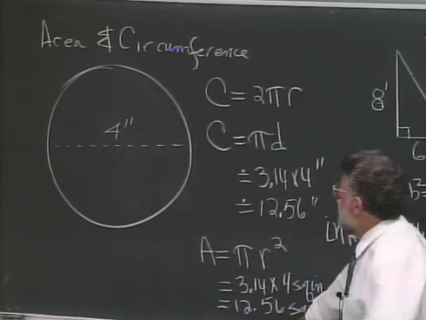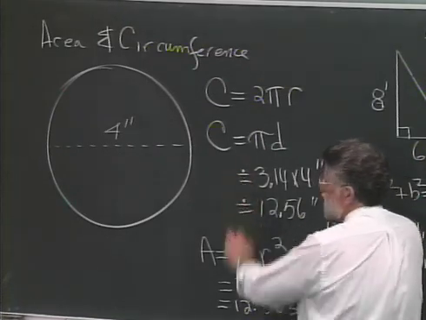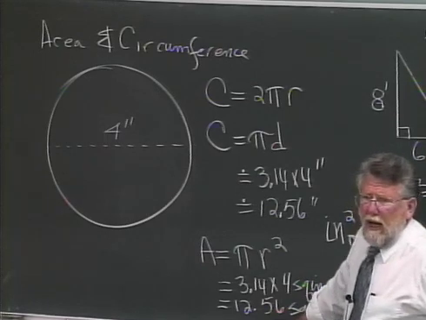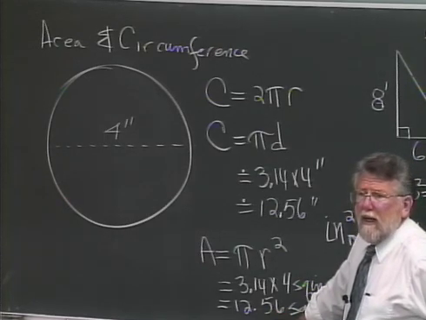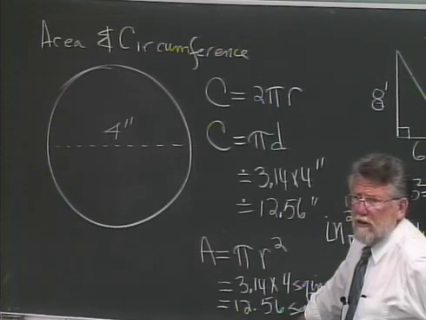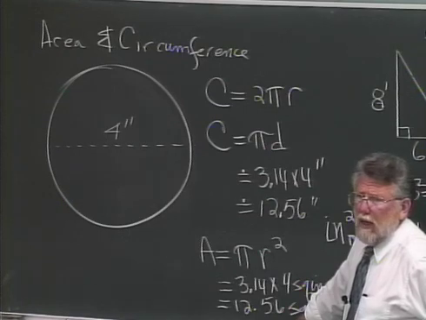Now note, I put an equal sign with a dot above it because pi is an approximation. When you write 3.14, that's just the closest you can do, so it's only approximately equal. So about 12.5 inches.